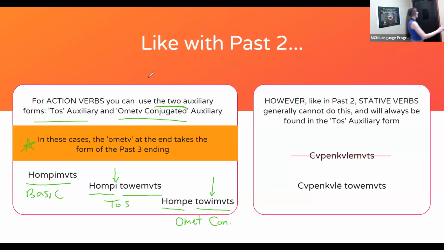So hombe doi mutz. Which one is the most common? Personally, I would say for now, this is only true for the past, right? Because for present tense, I'd say all three are equally common. But for past, I feel like I hear 1 and 2 more often for past tenses than hombe doi mutz and iski doi mutz.